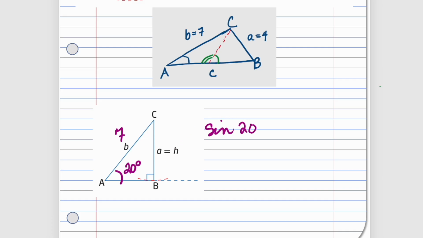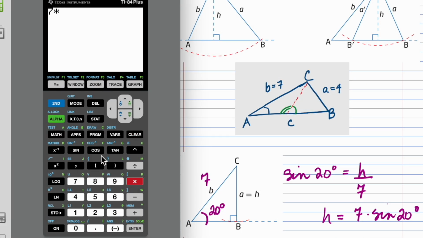Sine of 20 degrees is opposite over hypotenuse. H is going to be 7 times sine 20 degrees. 7 times sine 20 degrees equals 2.39.